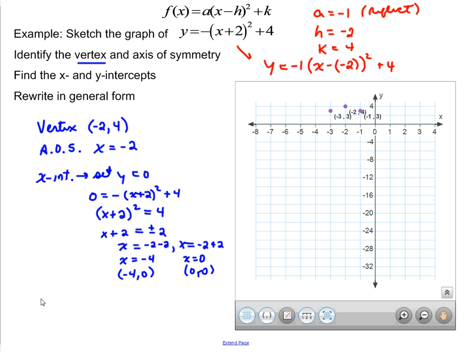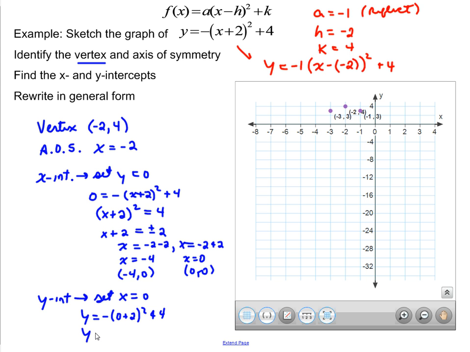Okay. Y-intercepts are a little bit easier. For a y-intercept, you set x equal to 0. So let's set x equal to 0 in our equation and see what happens. If we set x equal to 0, y will equal the negative of 0 plus 2 squared plus 4.